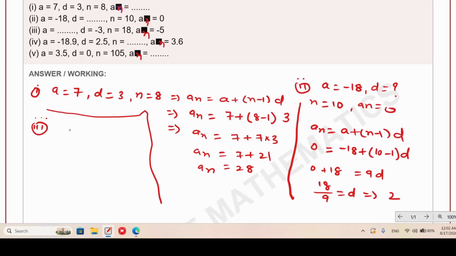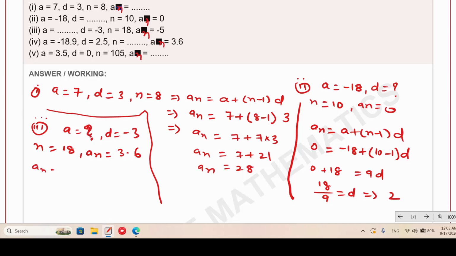In 3, A is not given, D is negative 3, N is equal to 18 and An is equal to 3.6. This is the question mark.